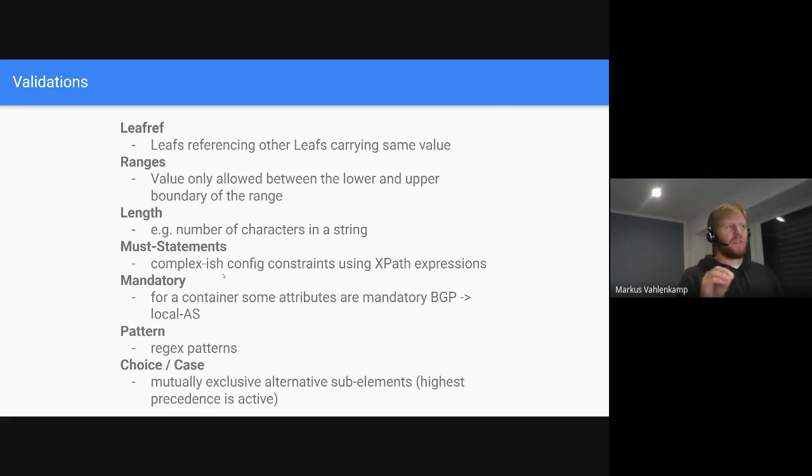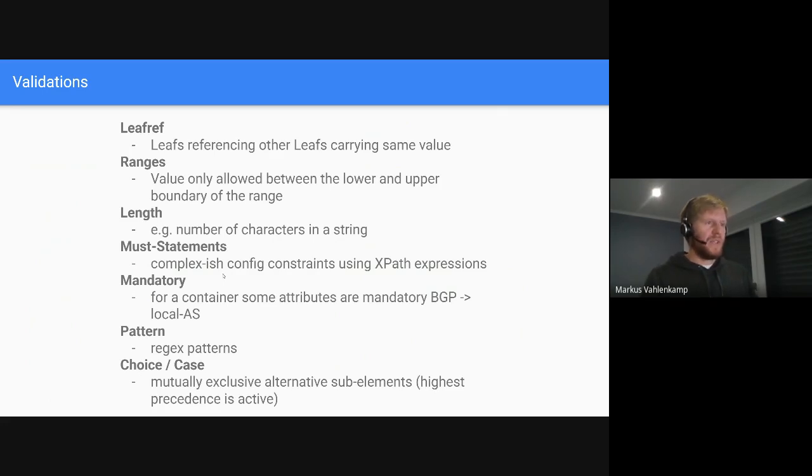If this leafref is not satisfied, like the other end of the referenced leaf is not there, that configuration is basically invalid. Ranges are pretty self-explanatory: ints or numbers have to lie within a certain range. Then the length of some strings should not exceed a certain length.